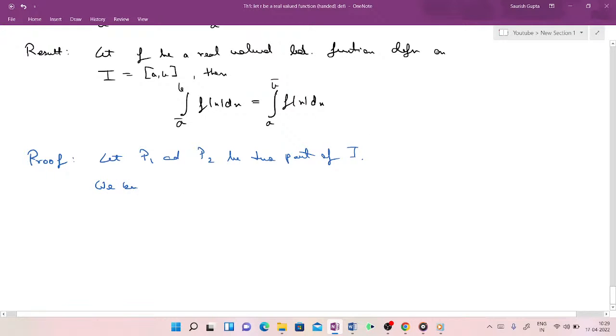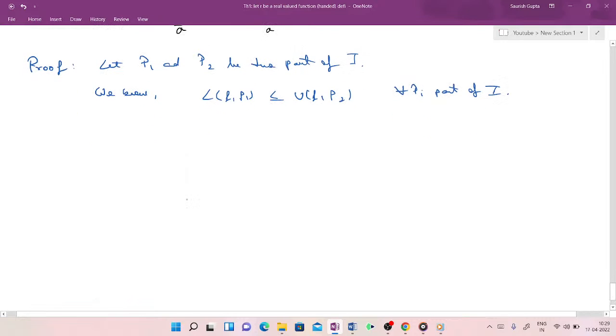and we have already done this in the previous lecture, that L(f, P1) is less than or equal to U(f, P2), for all partitions P of I. Clear? Got it? Now if the lower Riemann sum over some partition P1 is less than or equal to the upper Riemann sum over some partition P2, then the least upper bound of this lower sum will also be less than or equal to the upper sum of this function over the partition P2, right?